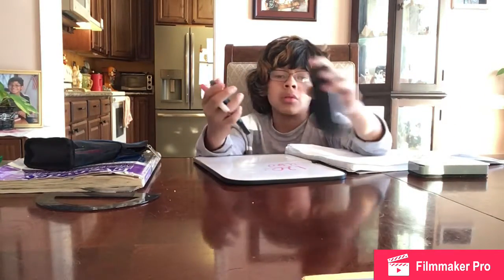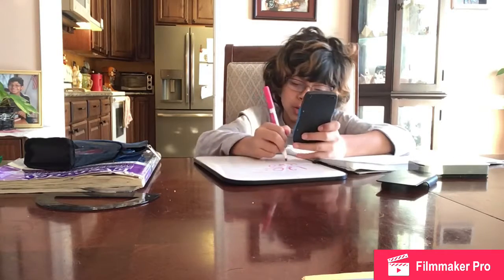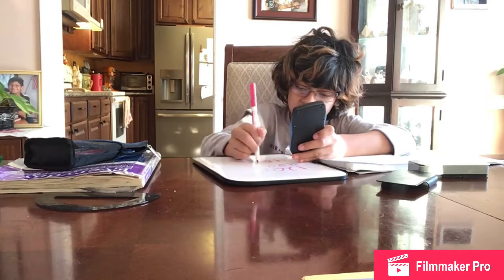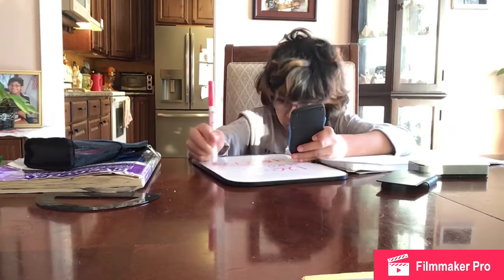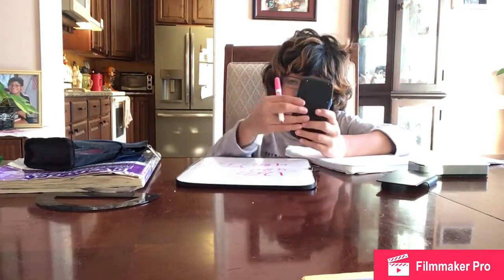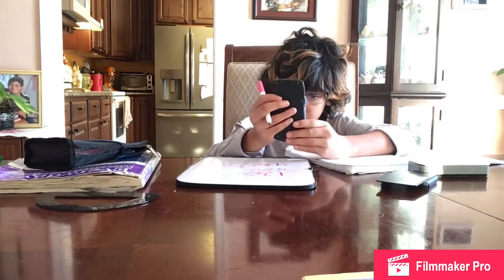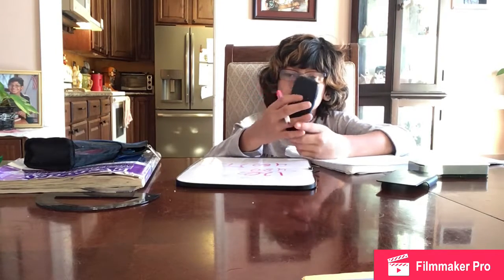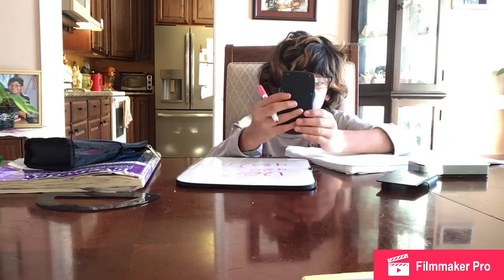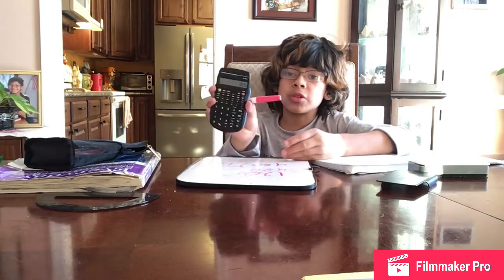Okay. What would that look like as a division problem on your paper? It would be 480. Good. Like this. Okay. So it's going to be 120 divided by 480 equals 0.25.